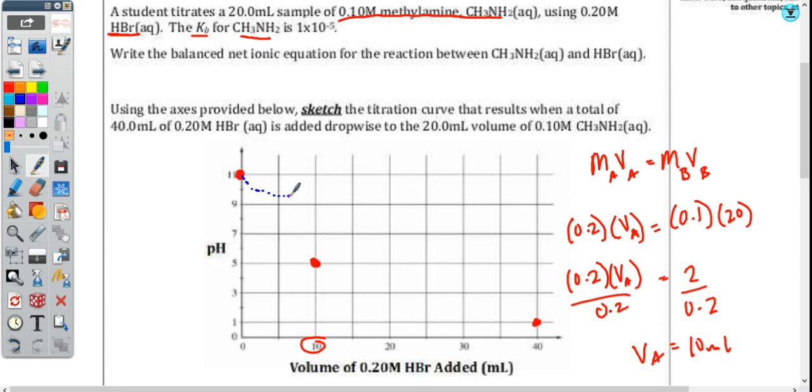It's going to stay fairly constant. And it's not until you come close to that equivalence point that we see the big drop in the pH. And then it's going to kind of plateau back off again as we have just a strong acid in your solution. So I've made a quick sketch here.